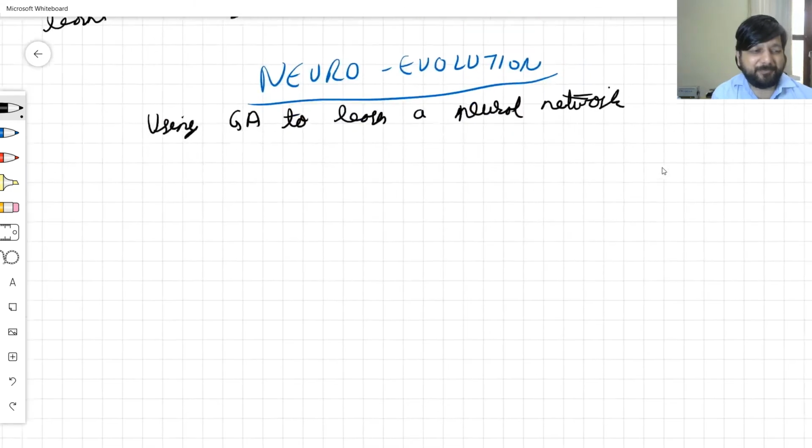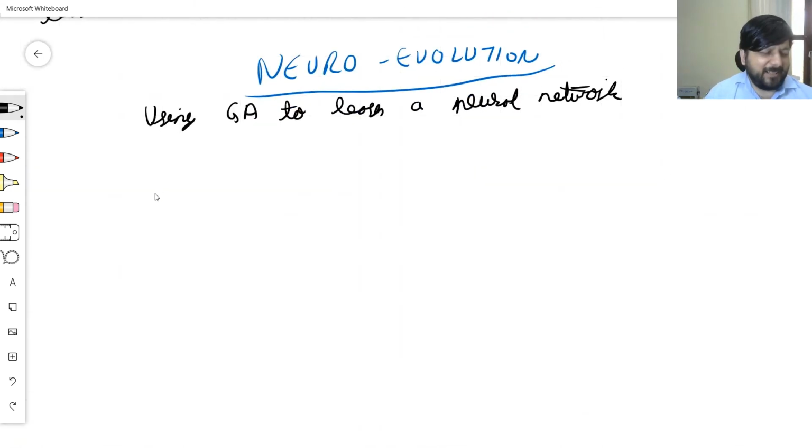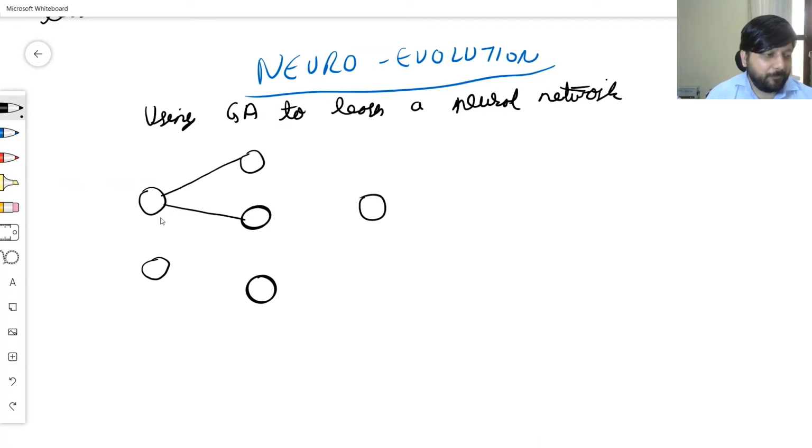So there's nothing unusual about it. Let's take a simple neural network over here. So 2 input neurons, 3 hidden layer neurons, and an output neuron, all connected.